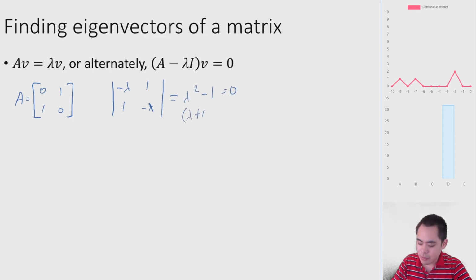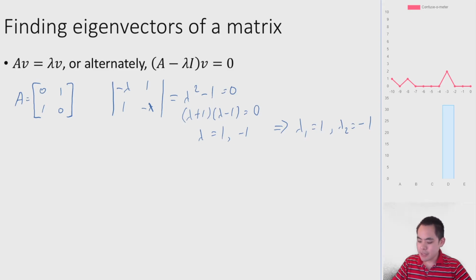You can factor that: lambda plus 1 times lambda minus 1 is equal to 0, and lambda is going to be equal to 1 and minus 1. So we can label lambda 1 is equal to 1 and lambda 2 is equal to minus 1. Note that these eigenvalues were not found on the diagonal. This is a very good counterexample to the idea that the other diagonal matters. The other diagonal is basically meaningless.